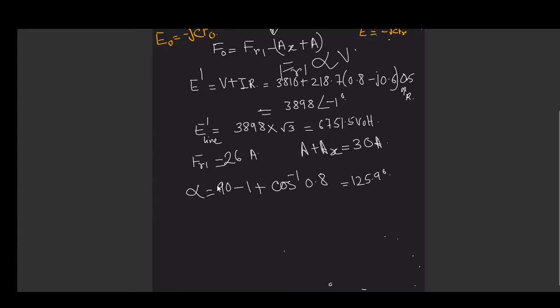Therefore the angle between V and E naught is 29.1 minus 1, equal to 28 degrees. That is delta in your MMF method.